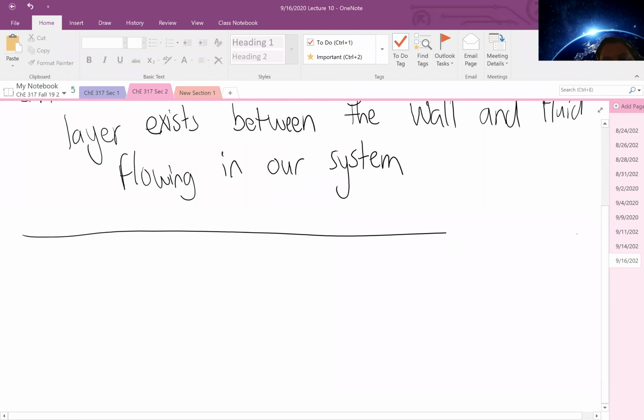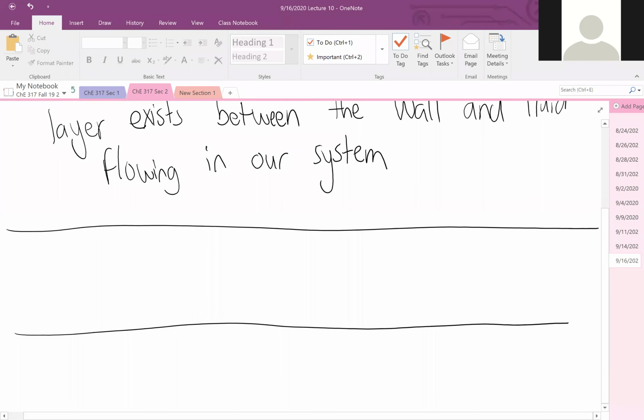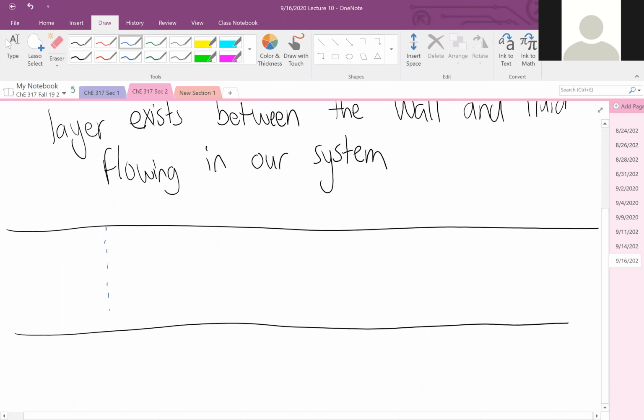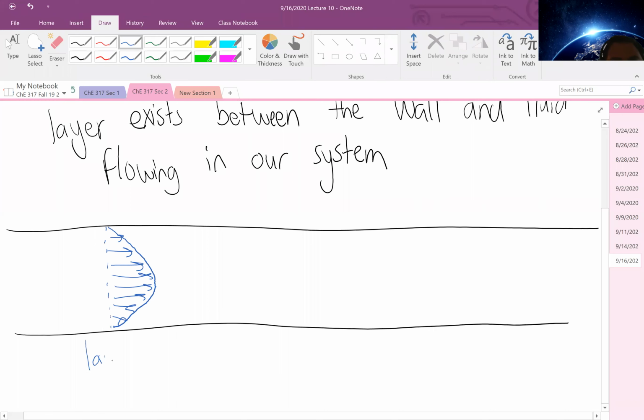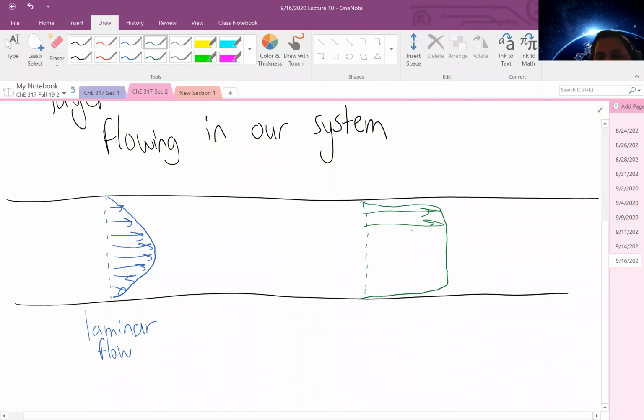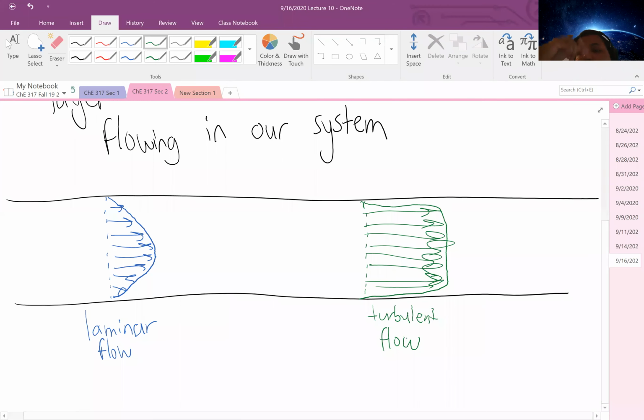Such that if I was to draw a comparison between laminar flow, which we talked about on Monday, having this parabolic profile, and then comparing it to turbulent flow, we would find that they have two very differing flow profiles.